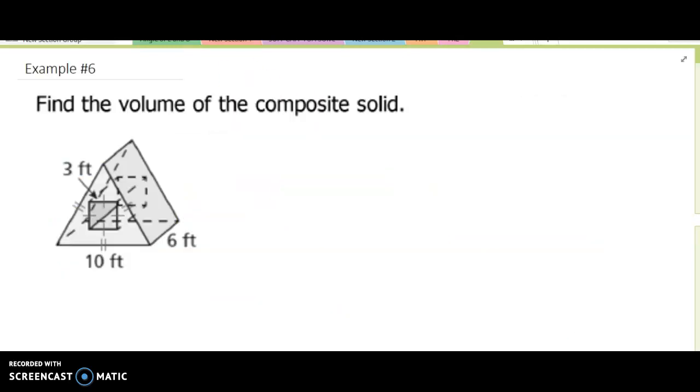All right, so this is our last one. And here we're going to try to find the volume of this composite solid. Okay, so when we do this, notice this is a triangular prism. So we want to take the volume of the triangular prism, and then we're removing this right here.